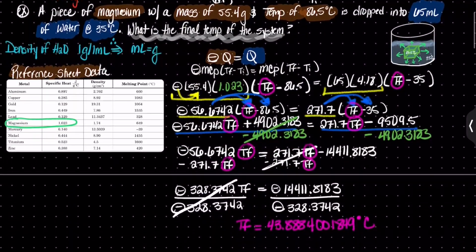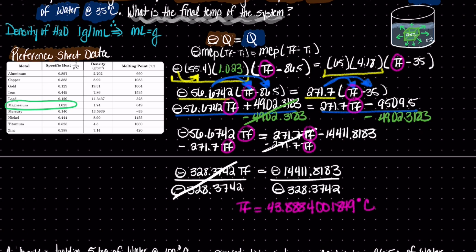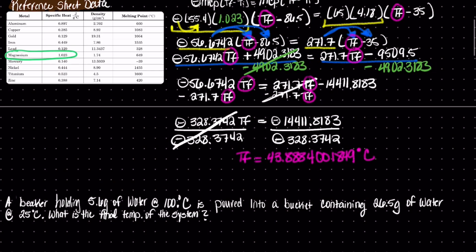I know Mr. Cole says sig figs are important, so let's address our significant figures here. I have 3 sig figs, 3 sig figs, 2 sig figs, 2 sig figs. The lesser number is 2, so I'm going to move this to 2 significant figures, where my final answer is TF is 44 degrees Celsius.